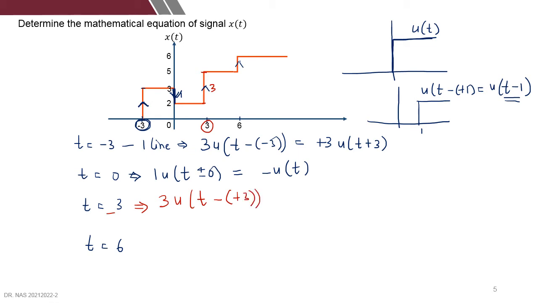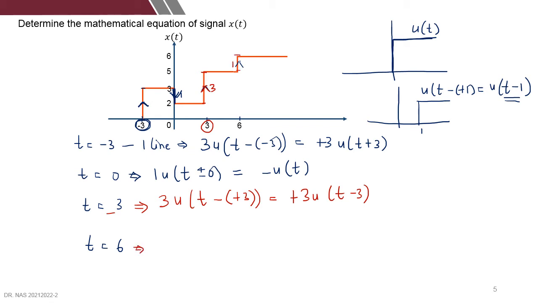Okay, so the equation is 3u(t) minus 3. How about the flow? The graph is going up, so it's positive. Moving to the last point, t equal to 6. What's the amplitude? The amplitude is 5 to 6.